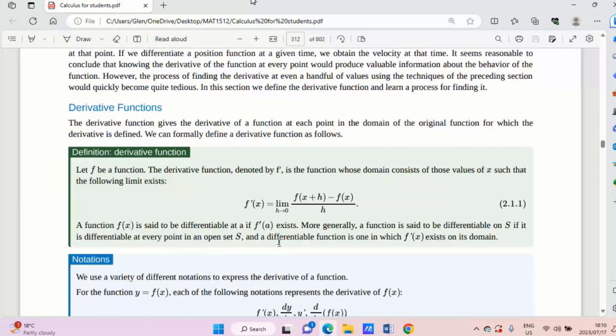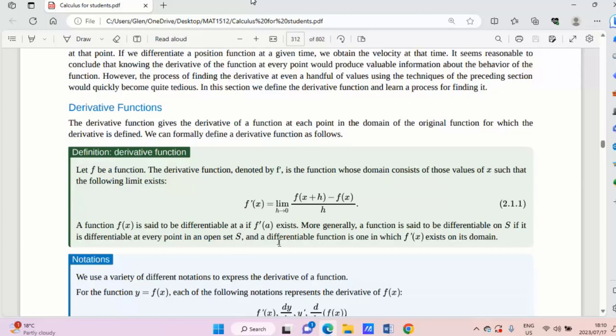We are saying a function f of x is said to be differentiable at a if f prime of a exists, meaning when you take the derivative of f and substitute a, that exists.